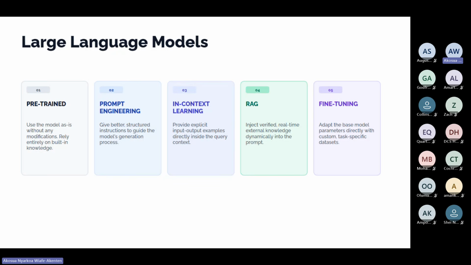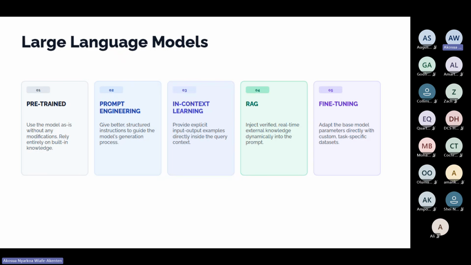So one of the ways in which we wanted to reduce some of these hallucinations was to introduce RAG, where we feed these models with some verified information or external knowledge. And then these models are able to answer more confidently from the external source that you provide to it. So that is also an approach that you can have.